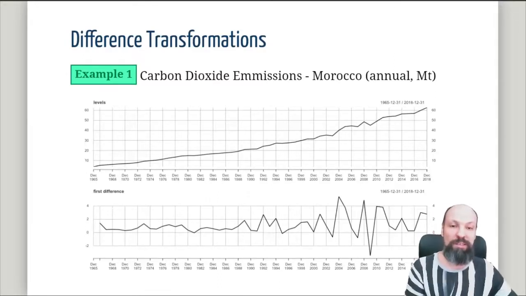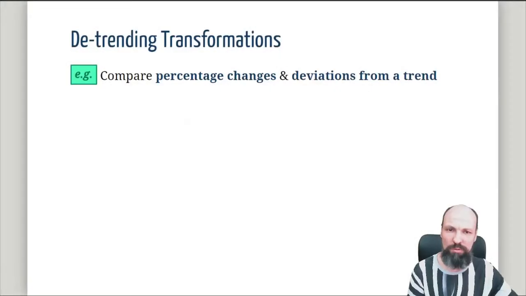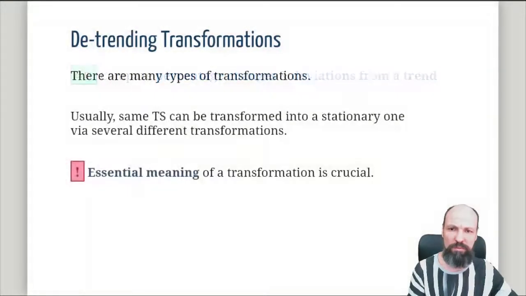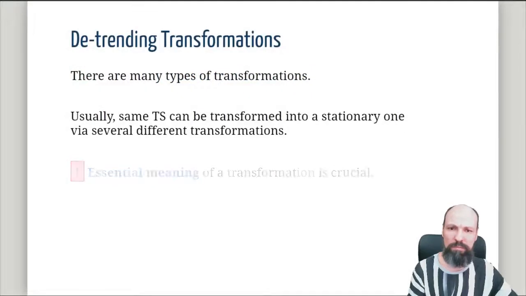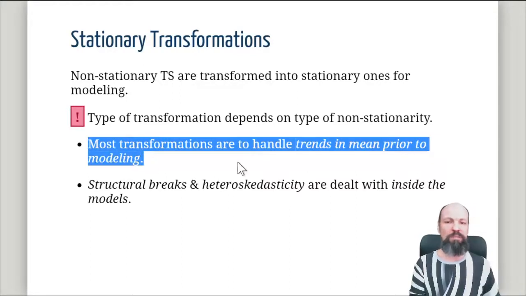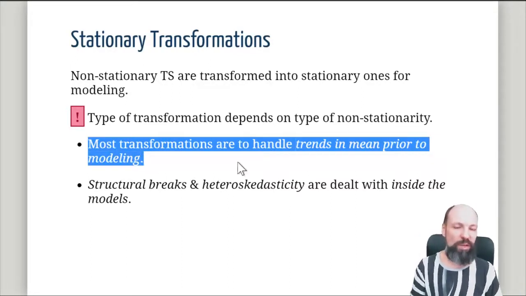So, and recall, well, let's go here somewhere. Yes, this is the important thing. Most transformations that we apply to data are applied to deal with trends in mean, so trends in average level.